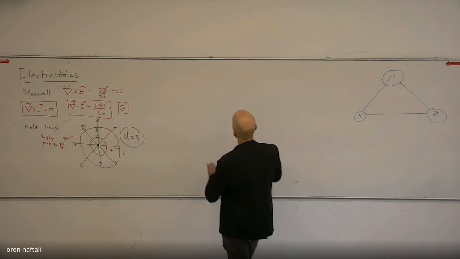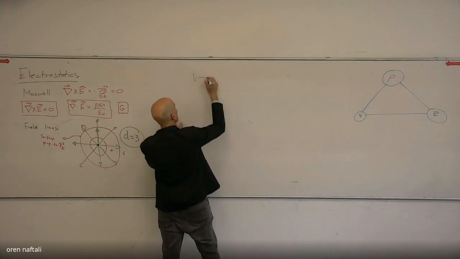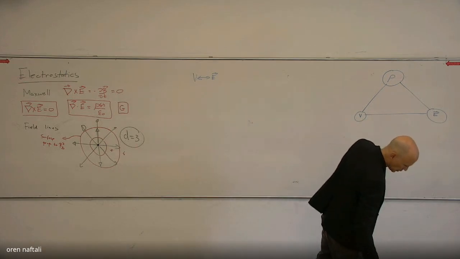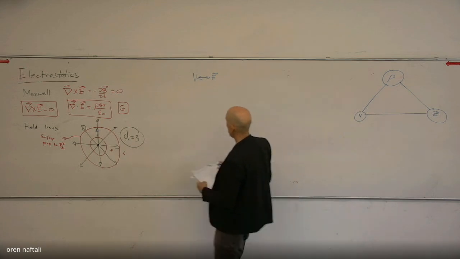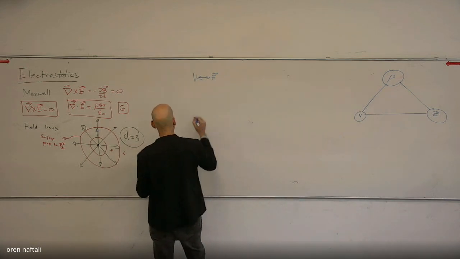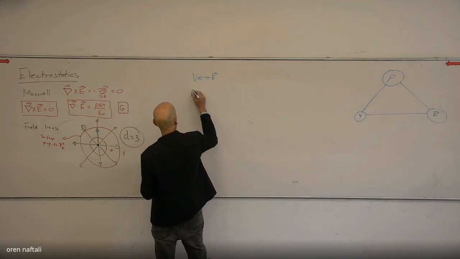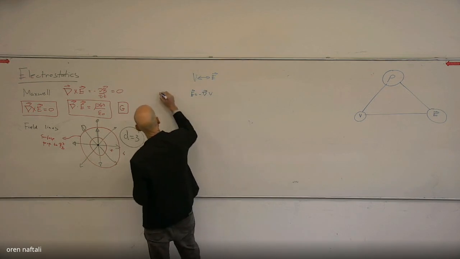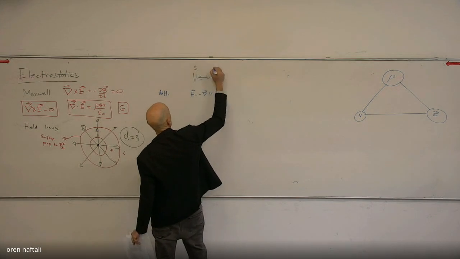So if we want to go from V to E and backwards, potential to electric field, this is something that we mentioned already. So we have already the definition, which is E equals minus gradient of V. So this is differentiation. This is a scalar and this is a vector.